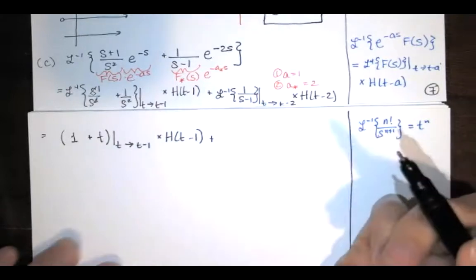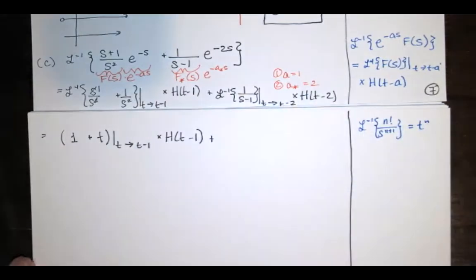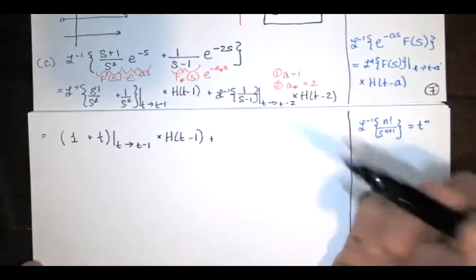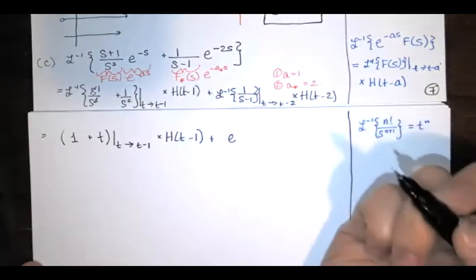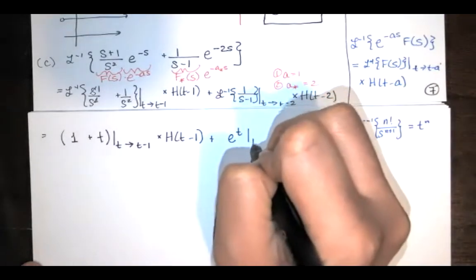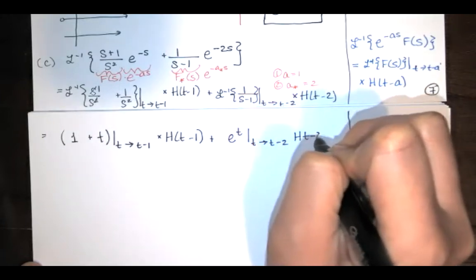Over here, we take the inverse transform of this piece. The inverse transform of 1 over s minus a is e to the at. So that's e to the 1t, but we'll replace the t with t minus 2, and multiply by the Heaviside function at t minus 2.